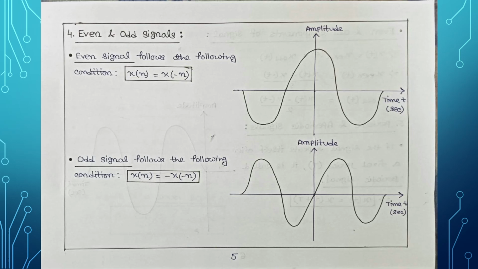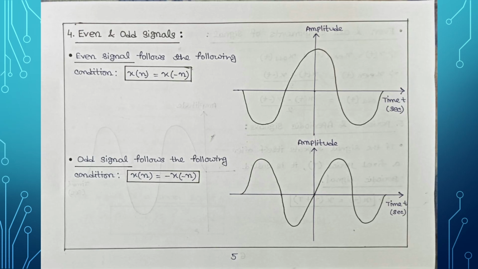So, an even signal follows the following condition: x of n equals x of minus n. Here we have a cosine signal, and after flipping it will become the actual signal.